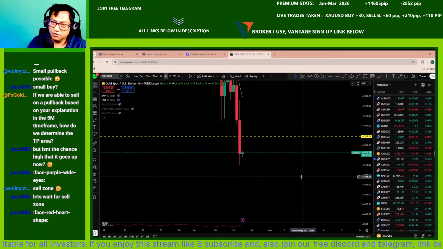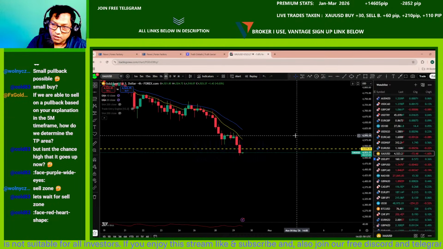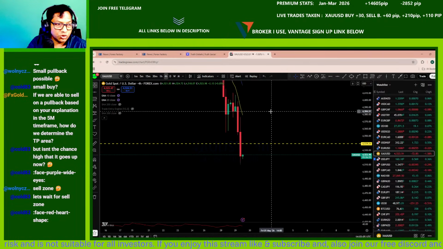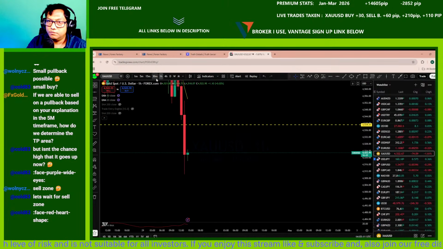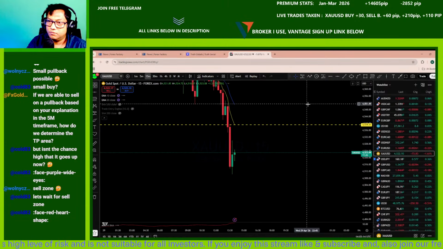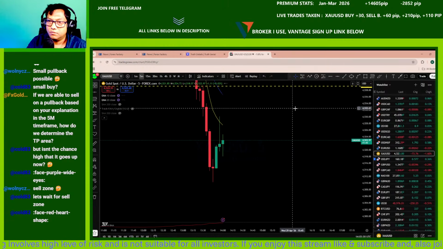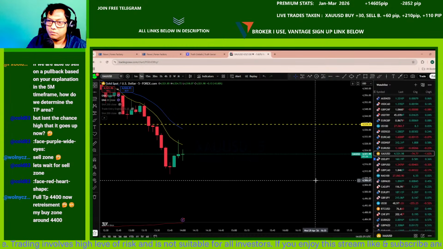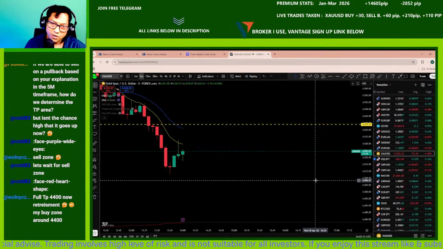Now it is a question of whether the market will be able to go ahead here to break this zone, or we could see that continuation, because it has shown this stronger downtrend. Full TP 4400 now. My buy is around 4400.